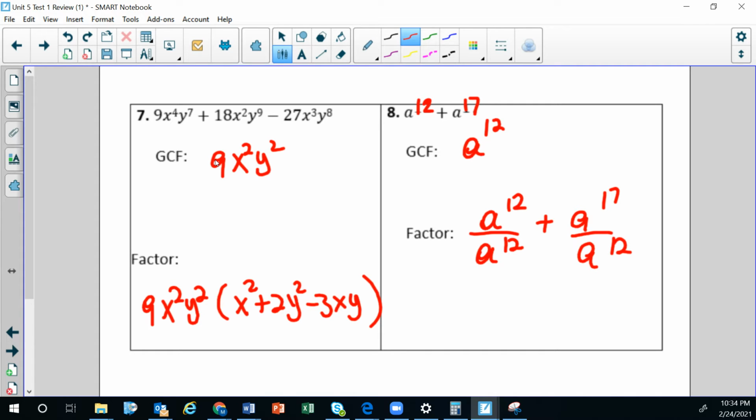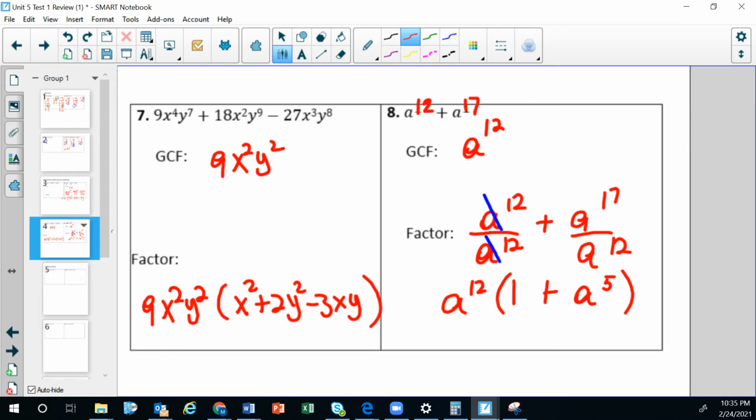That cancels out and just gives me 1, plus a to the 17 divided by a to the 12 is a to the 5. So that's the factor, and then you put the GCF next to it, which is a to the 12. All right, good.